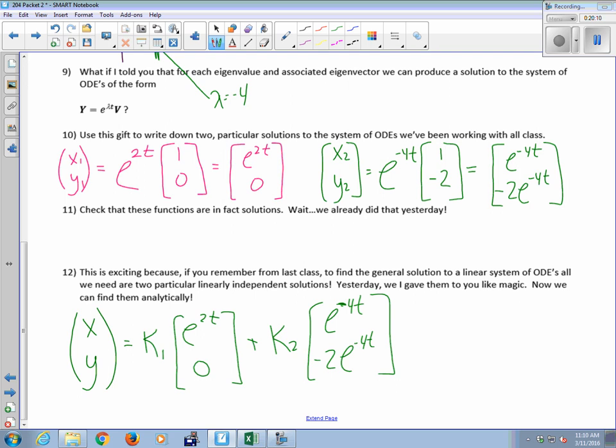And then if you had initial conditions for x and y, you could solve for k1 and k2 and get a particular solution. You could have chosen any eigenvector, and you can scale those vectors, right? The eigenvectors could be scaled, absolutely. So I could have used 2, negative 4 right here. If I used 2, negative 4, I would end up with a different k value when I solve an initial value problem.